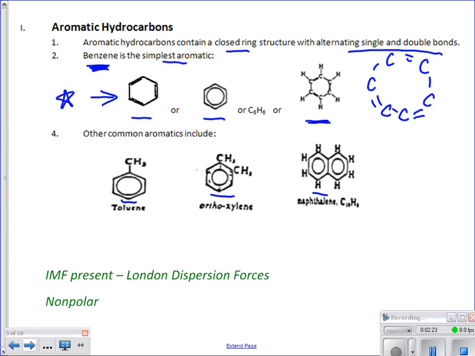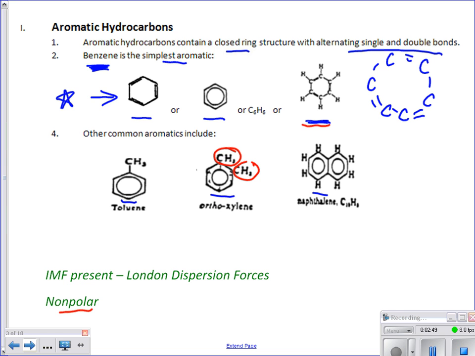Now, when we start thinking about the polarity of this molecule, notice that it is the same all the way around. And we're not really talking too much about these little substituent groups. I know we're leaving that out of this unit, but for the most part, let's just say when you look at one of these structures, it looks the same all the way around.